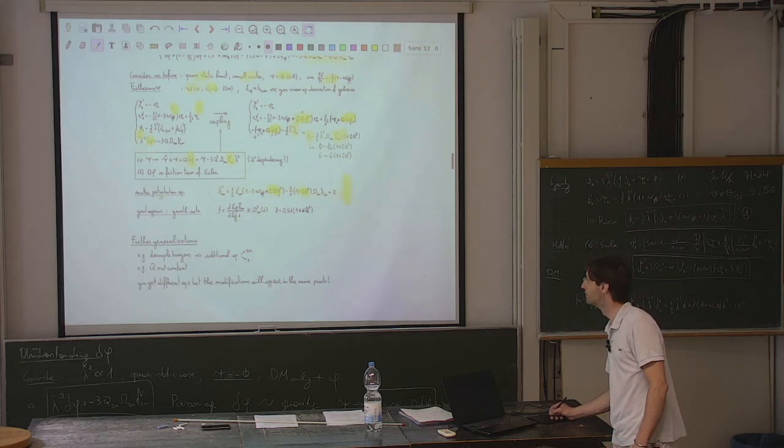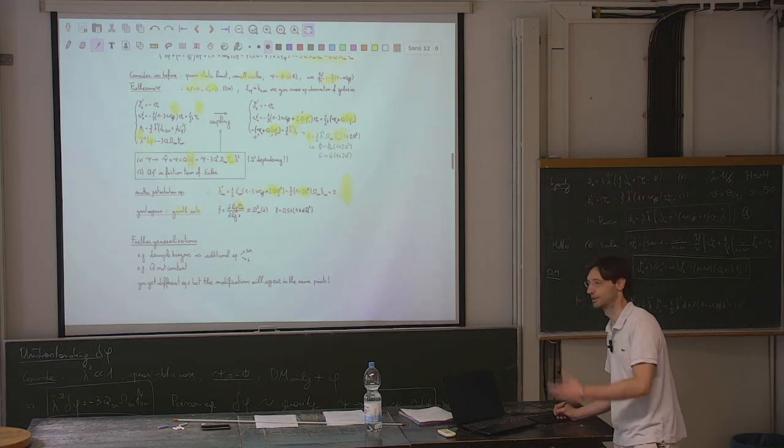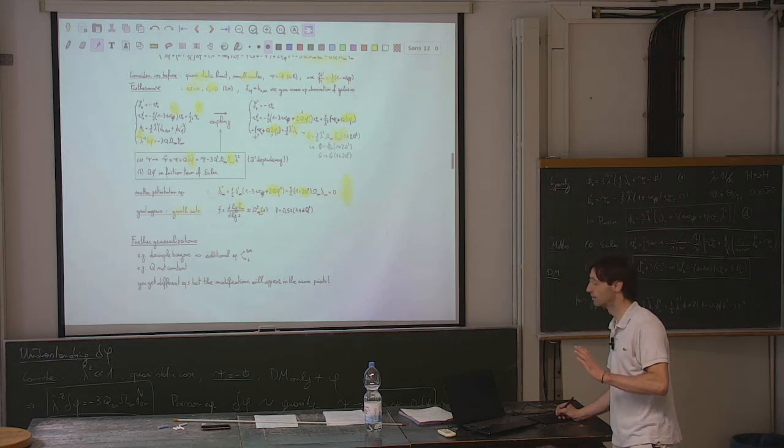People define the so-called growth rate, which is defined as the logarithmic derivative with respect to A of the logarithm of the fluctuation of matter. It's a very good approximation, so it's not an explicit expression, but it's a good fit to the numerical solution of this expression in full generality, and that's what you get, something very simple.